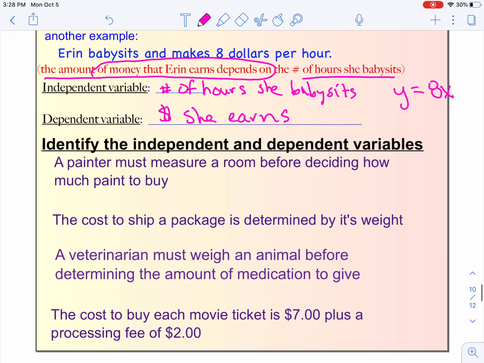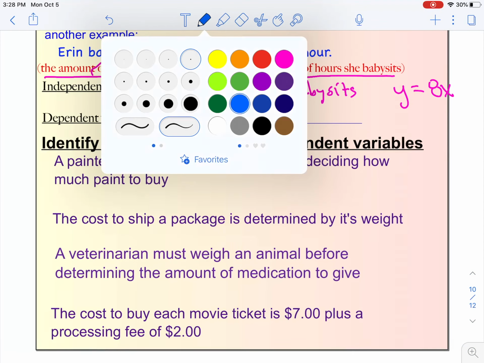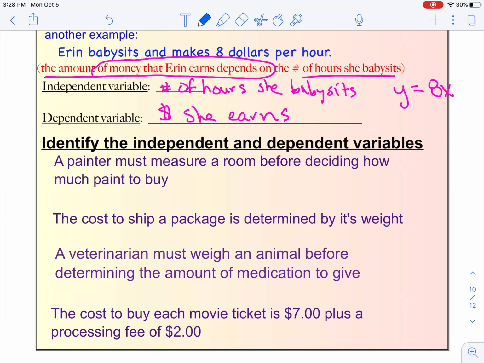All right, here's a couple more examples just to get some more practice on this. Identify the independent and dependent variables. A painter must measure a room before deciding how much paint to buy. So, try to write the statement. The amount of paint that he has to buy depends on the size of the room.